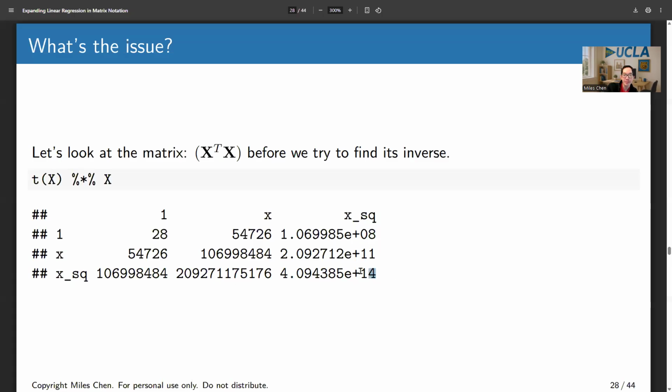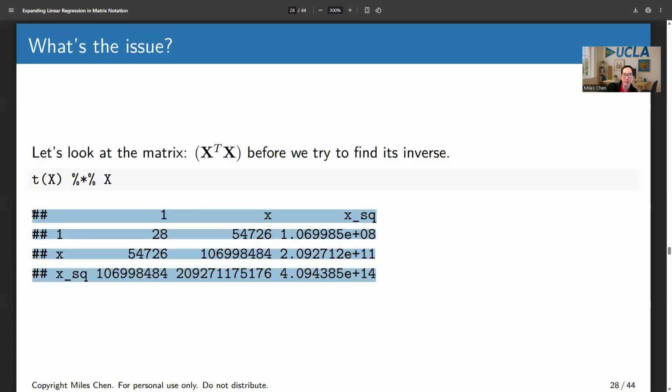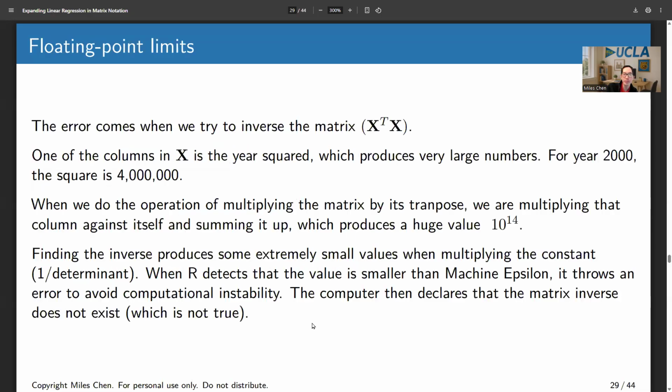So when we try to invert this, we will run into a problem because we're going to be dividing by the determinant at some point. And we get these really big numbers, 4 million and 4 million squared, we get something on the order of 10 to the 14. And it throws an error, basically telling us that we are hitting the limits of what our computer is able to keep track of.